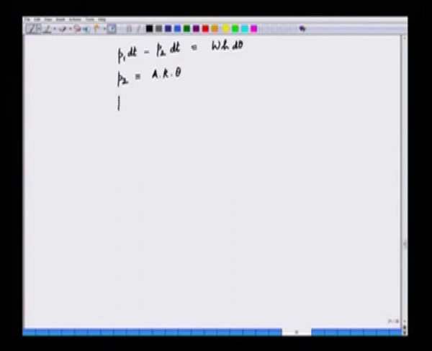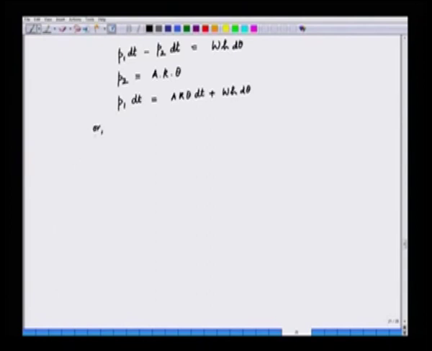So, what we have here, P1 dt is equal to A K theta dt plus WH d theta.